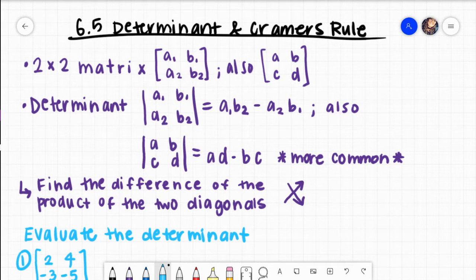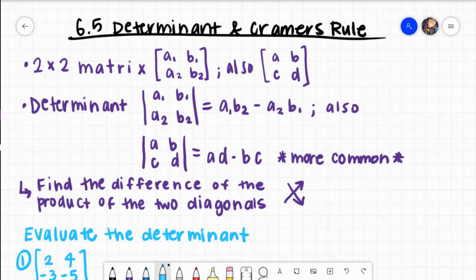Okay, now let's start. Let me just go ahead and define what a 2 by 2 matrix is. It's in the form A1, B1, A2, B2, and this is actually going to be an array of terms, technically.